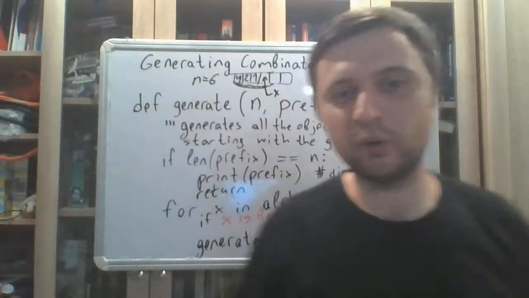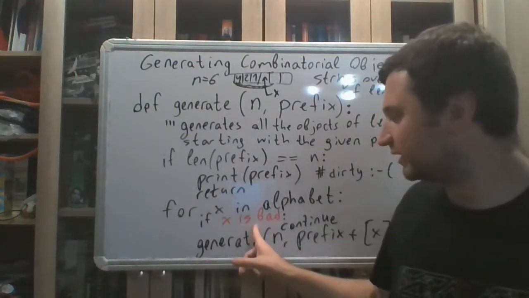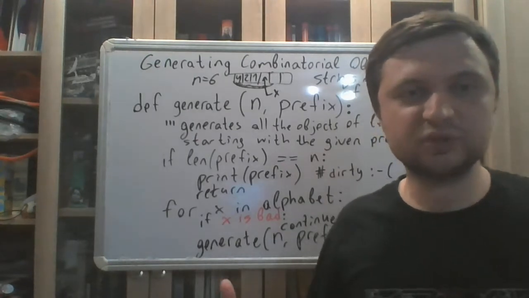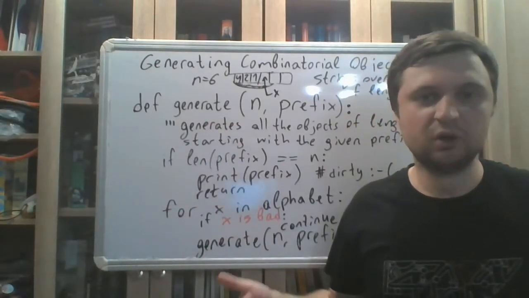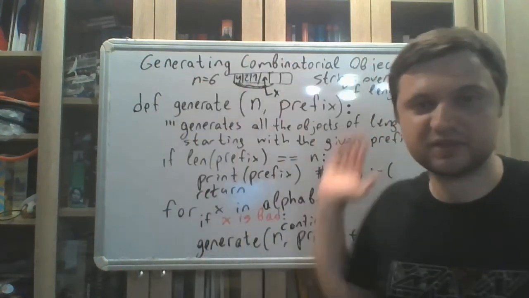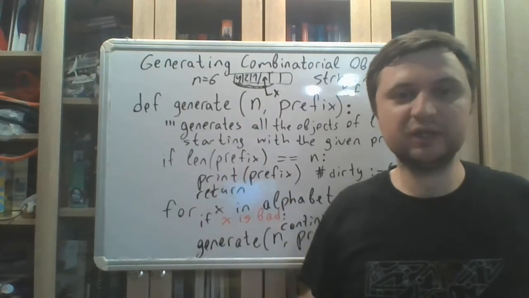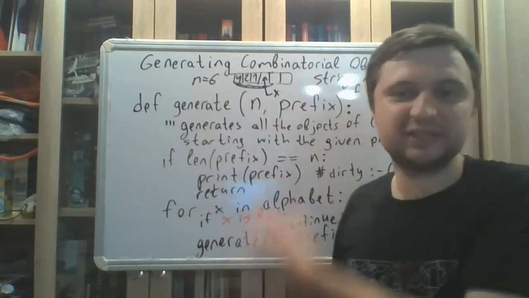So the same code with a little bit smart implementation over here also allows you to generate all the permutations of size n. And if you will be solving some other mathematical task, I'm quite sure that the code will be quite similar.